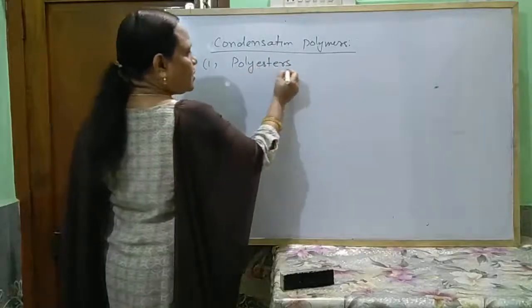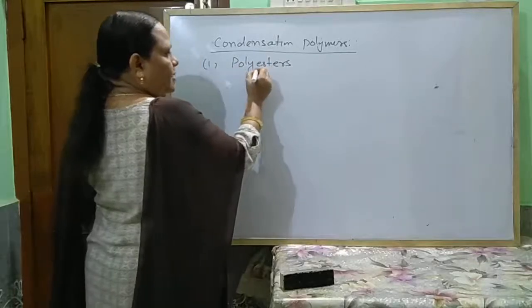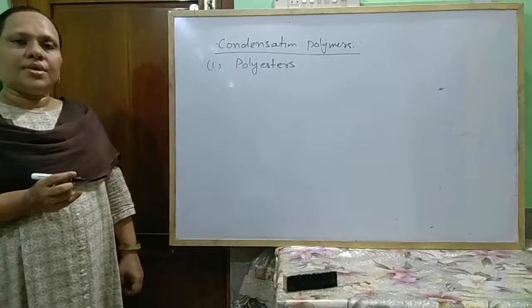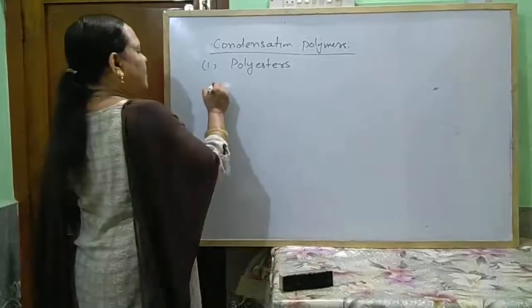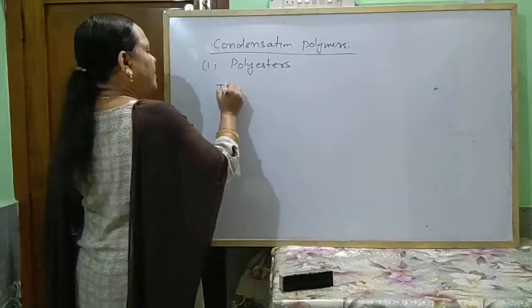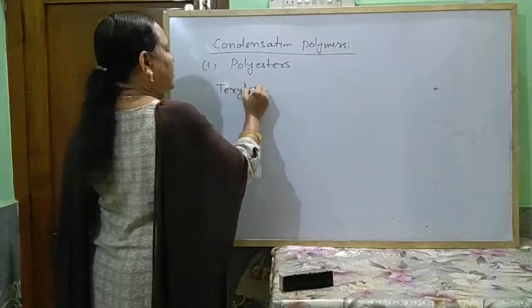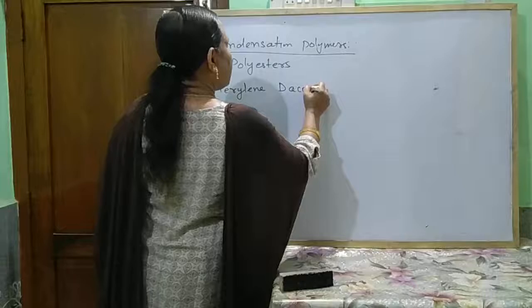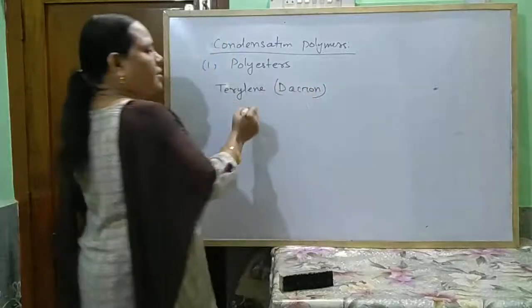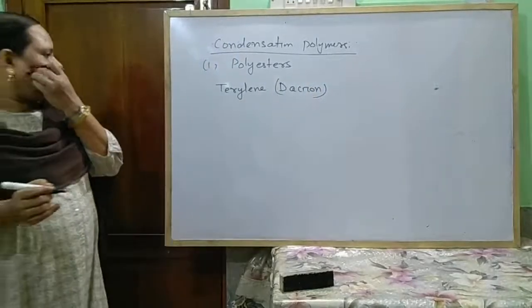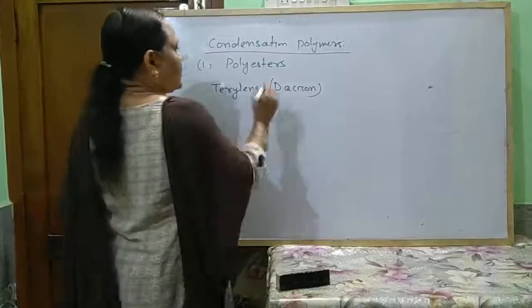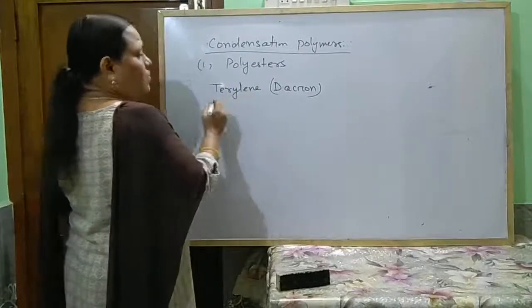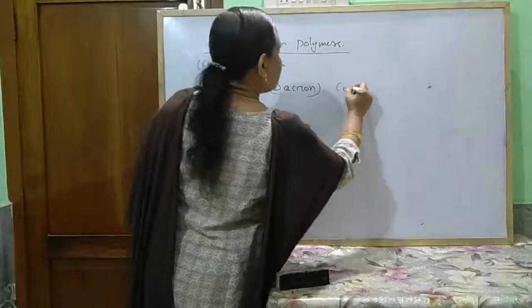So here, in the linkage there is an ester linkage, that's known as polyester. One example is Terylene, also known as Dacron. Terylene, also known as Dacron, and this is a condensation polymer.